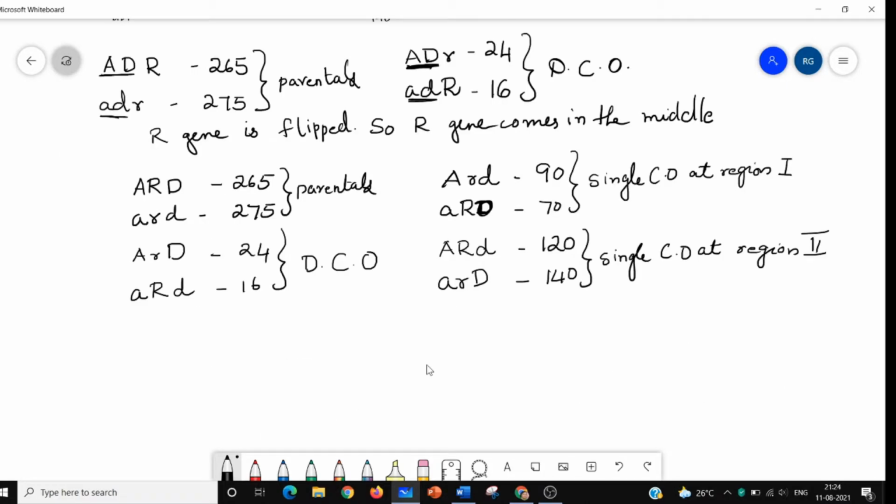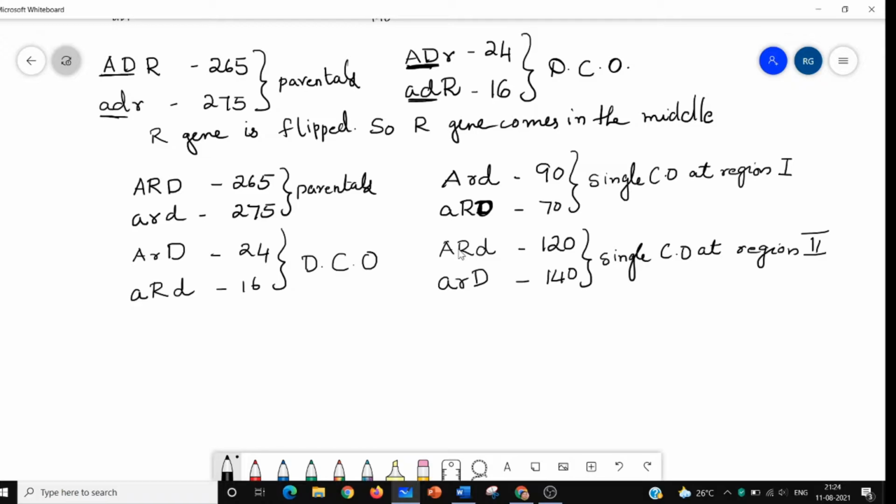So now I have rewritten the genes in order. You can see the parentals, double crossovers, and single crossover offsprings formed by crossing over at region 1, that is between A and R gene, and at region 2, that is between R and D gene.